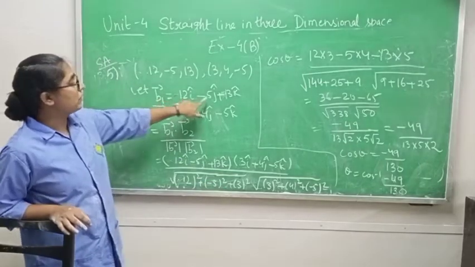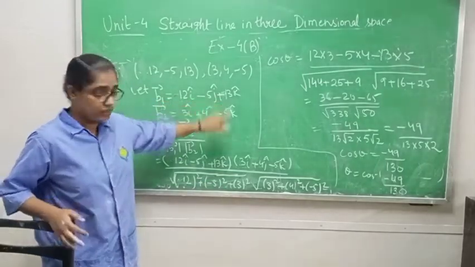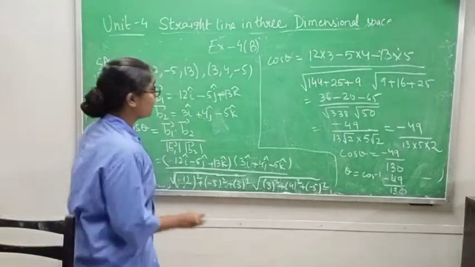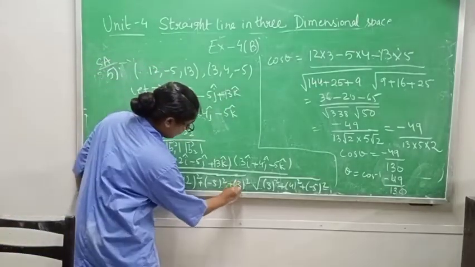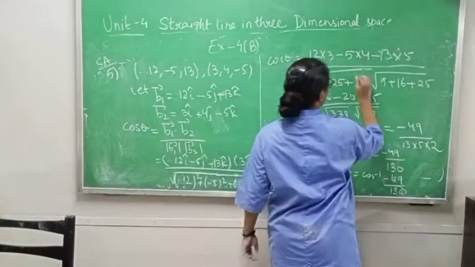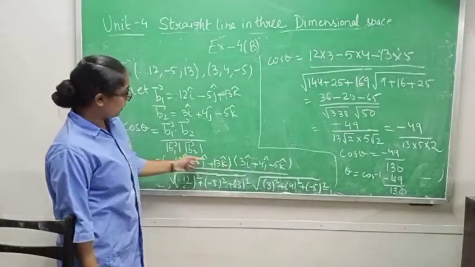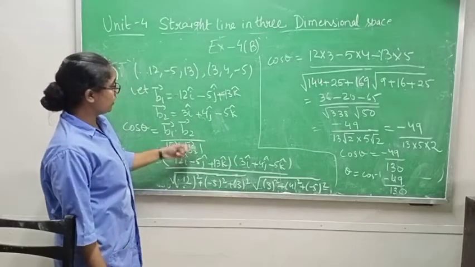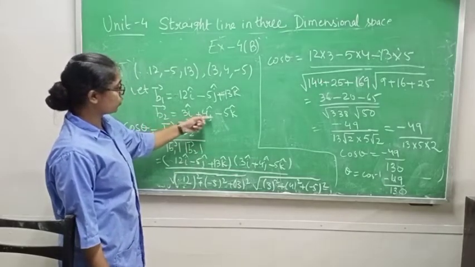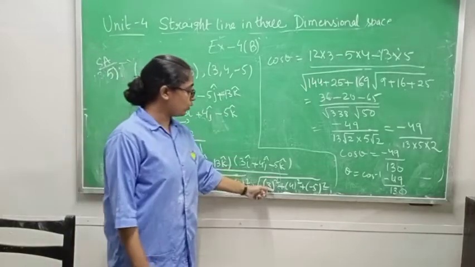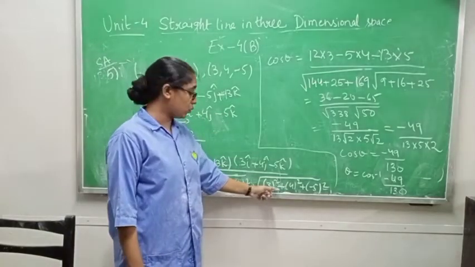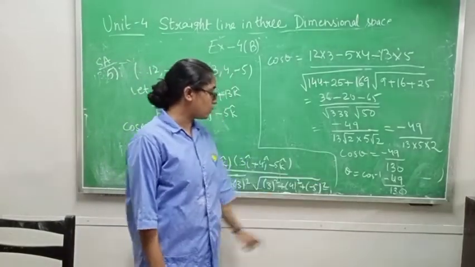So x is 12, y is minus 5, z is 13, so here it will be 13. After this, mod b2 vector is root over of 3 square, 4 square and minus 5 square.